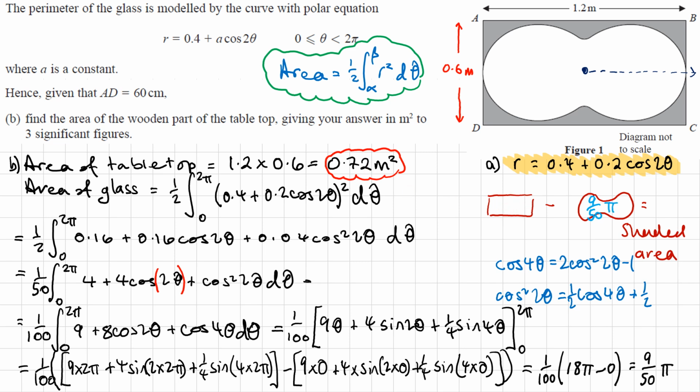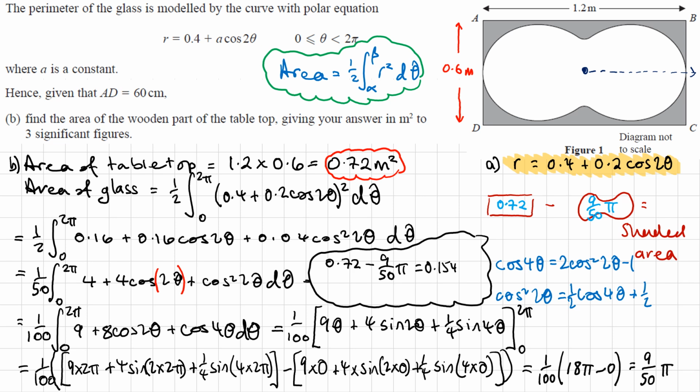So I'll put that in. So what we've got left to do now is just subtract one from the other. Let's put that here. I don't really want to rub anything out. Keep the work in here. So we're now going to do 0.72 minus 9 over 50 pi. And on my calculator, I get 0.154513 and so on.